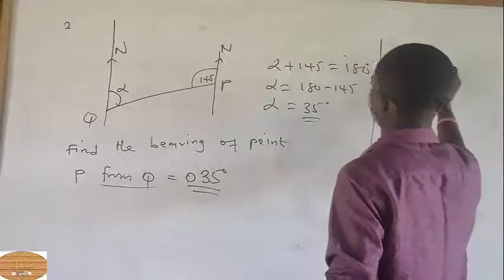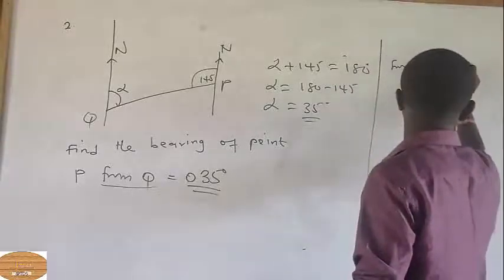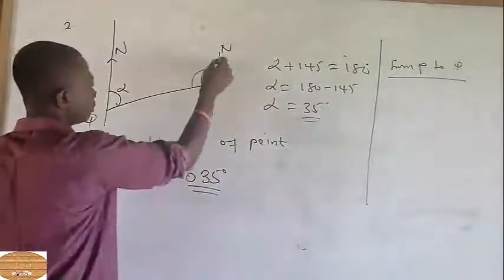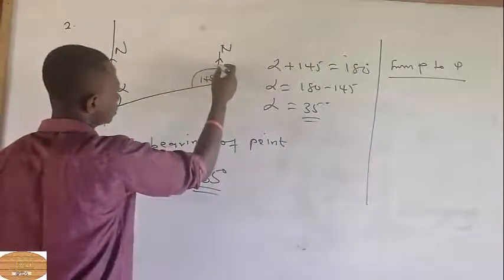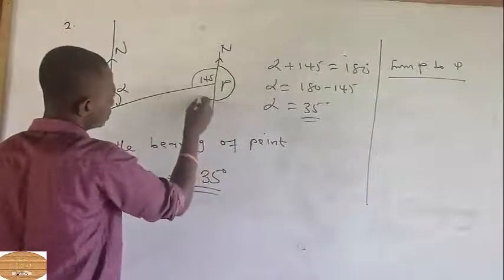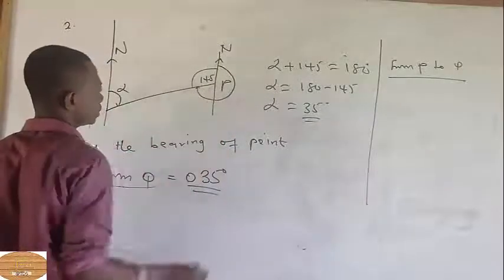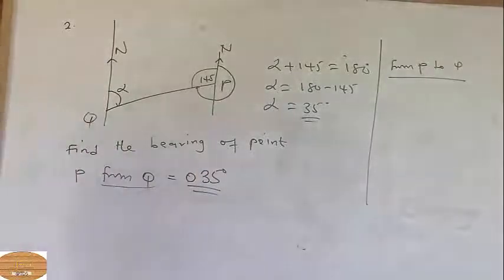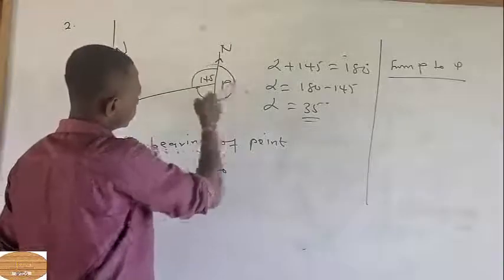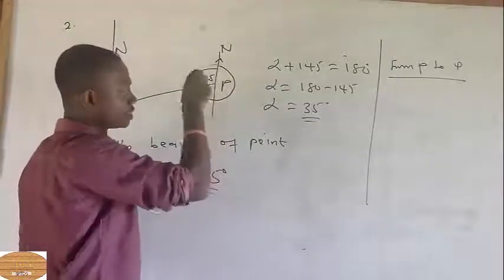From P to Q, this is our north. We start from the north, then rotate clockwise to join the line Q. This one is angle at a point, from 360 degrees.